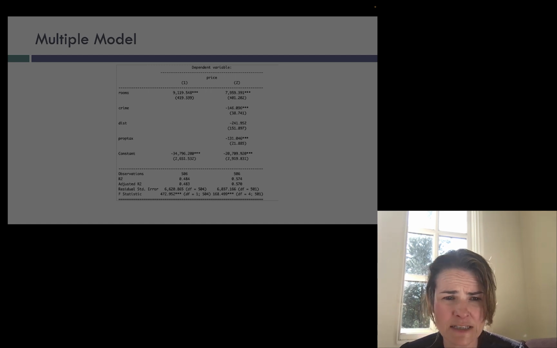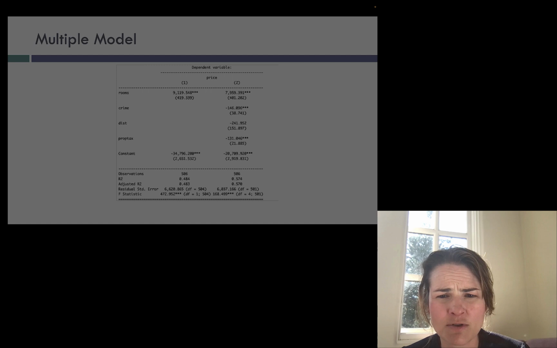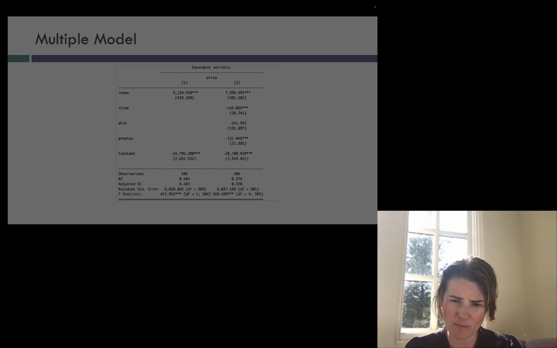They're all continuous variables. And they seem to have an impact on how big of an impact rooms has. So rooms isn't as, right, it's flattening out when you take into account these other things, which means that probably bigger houses are associated with places perhaps with higher property taxes or other things, or greater distance, and that could be what's accounting for some of that omitted variable bias here.